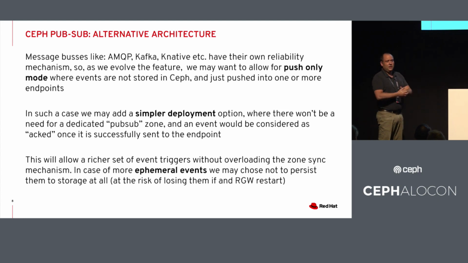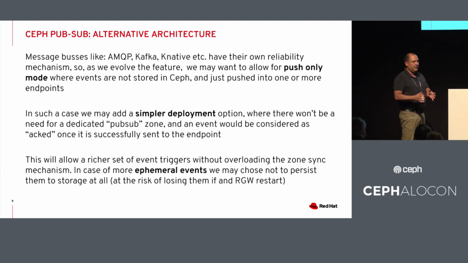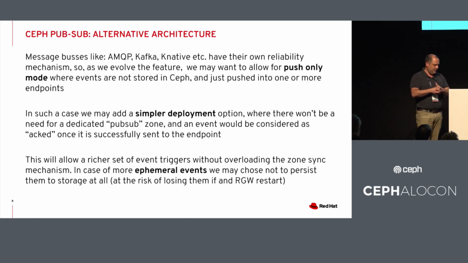Those events may not even need to be persisted to any persistent memory. So for example, if the Redis gateway crashes and restarts, and events are lost, that might be okay, again depending on the type of event. So this is another drive towards a more integral implementation. But this is in the future.